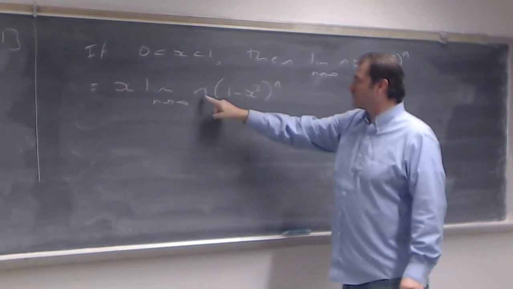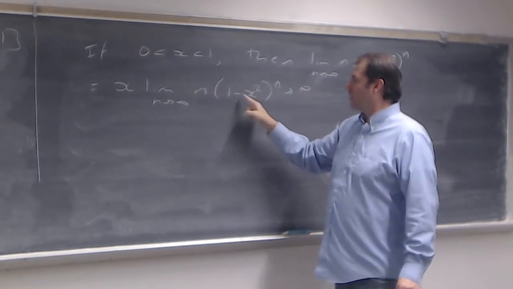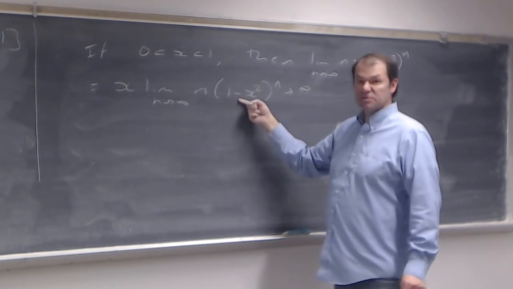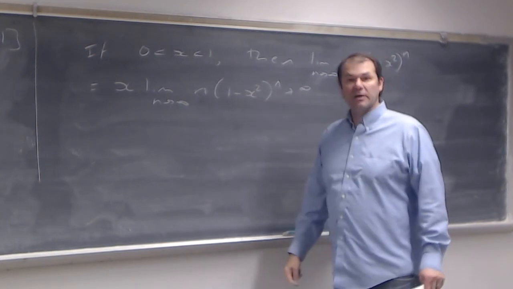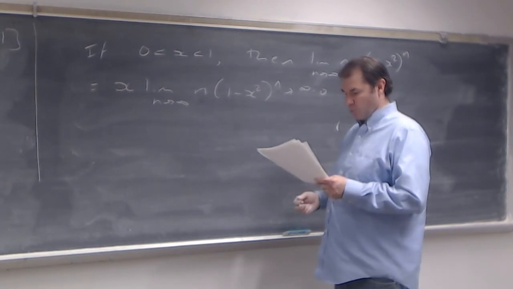Now, here, this n will be going towards infinity. This part right here will be a number in between 0 and 1, and when you raise it to higher and higher powers, that goes to 0. So that's an indeterminate limit form.